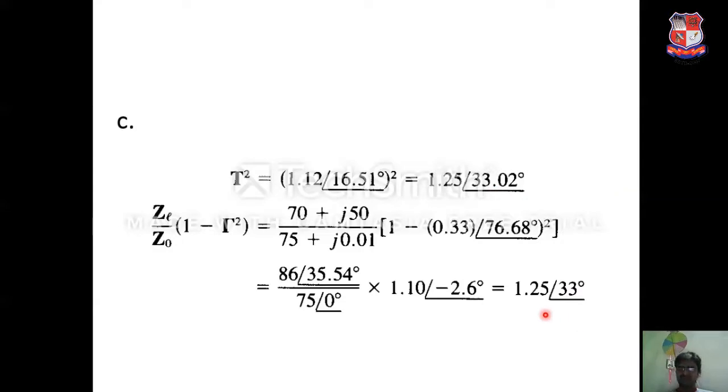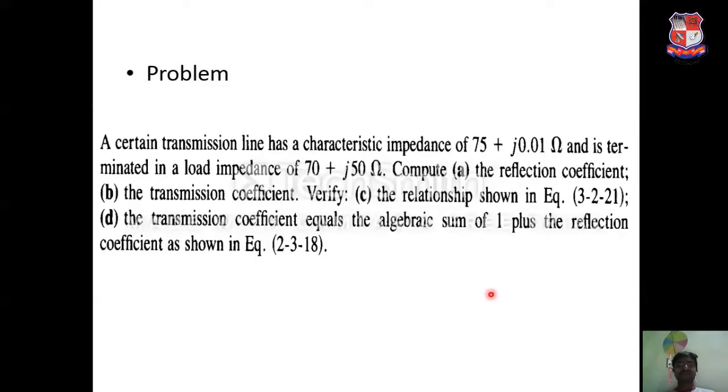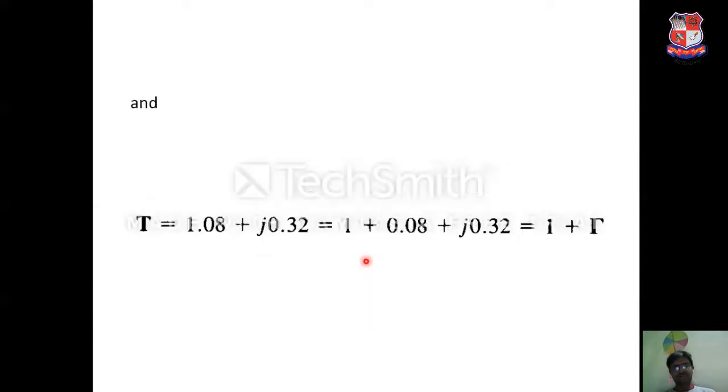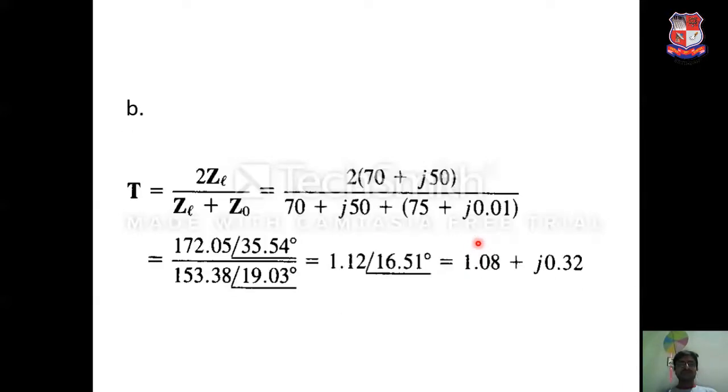And the last is that the transmission coefficient equals the algebraic sum of 1 plus the reflection coefficient, as we have seen in our theoretical discussion. This is also straightforwardly shown by the relationship: we got the transmission coefficient 1.08 plus j0.32, and if we take out 1 from this T, what remains is 1 plus 0.08 plus j0.32. The 0.08 plus j0.32 in option 1 is nothing but the reflection coefficient.